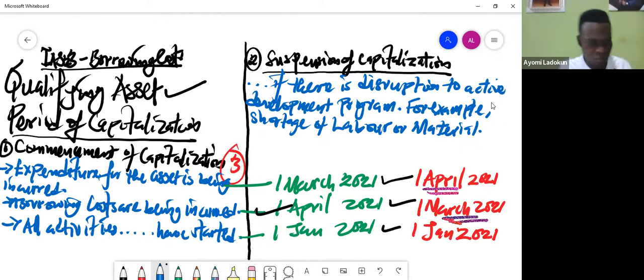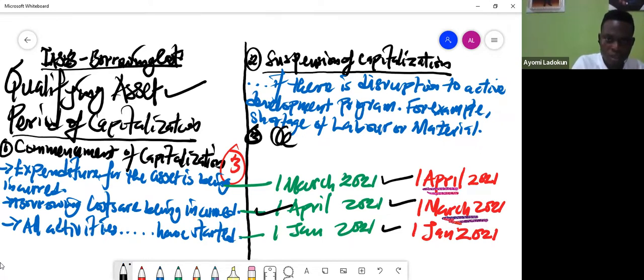Then the last one is cessation of capitalization of borrowing costs. When do you stop capitalizing borrowing costs?